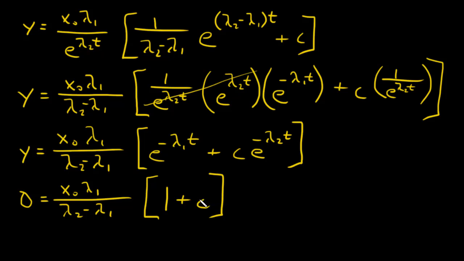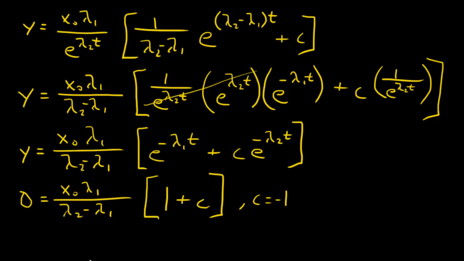Okay? Now, this is the fun part. This whole thing has to be equal to 0. But the only way that this whole thing is equal to 0, no matter what I start with for my initial amount, is if c equals negative 1. So c equals negative 1, has to be, in order to make this whole thing equal to 0.